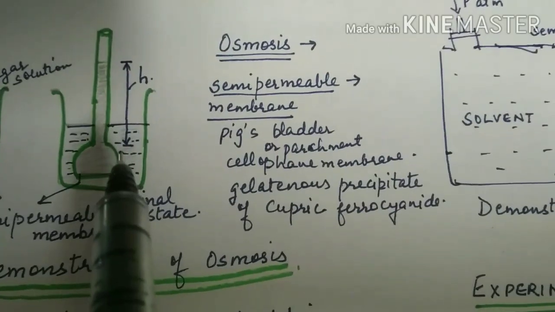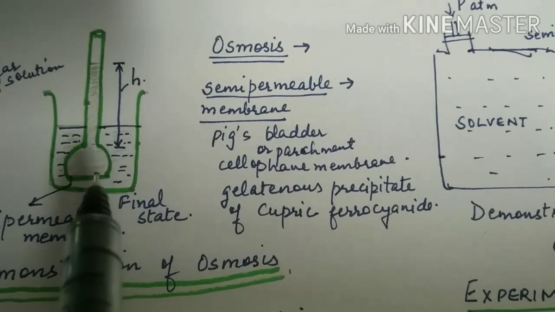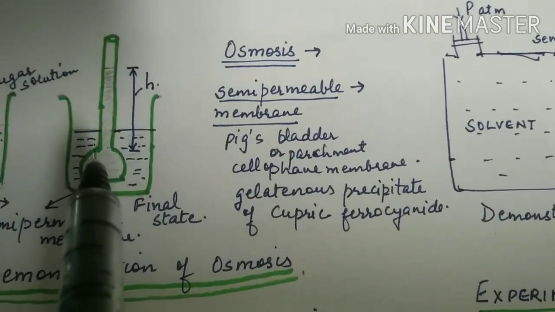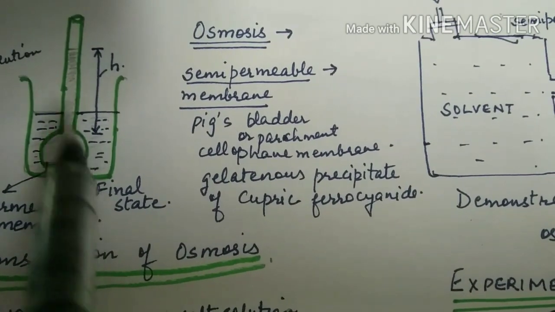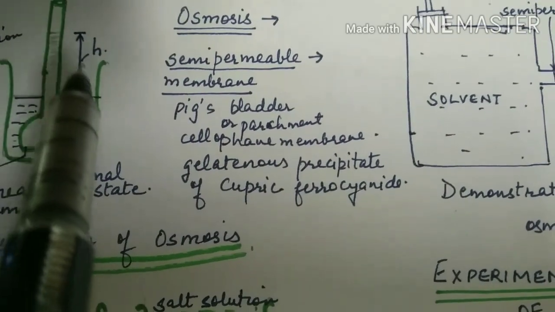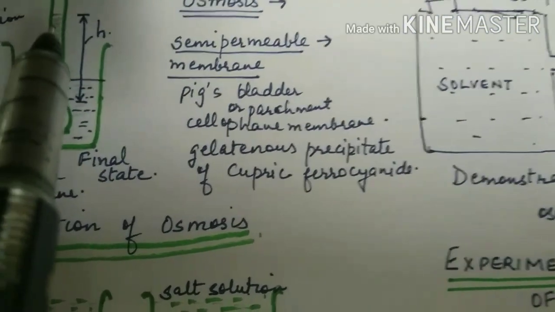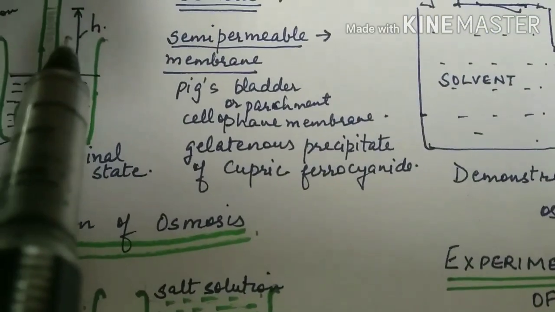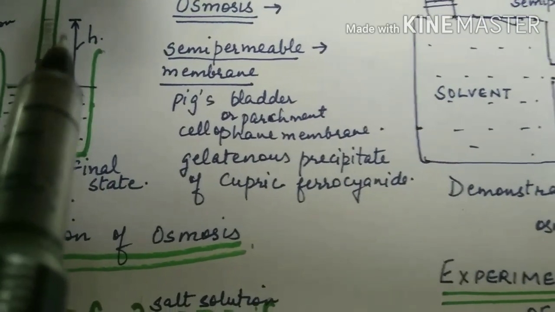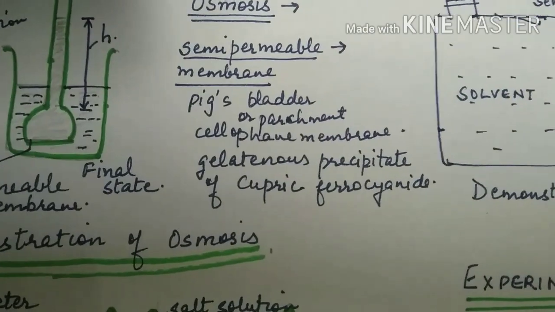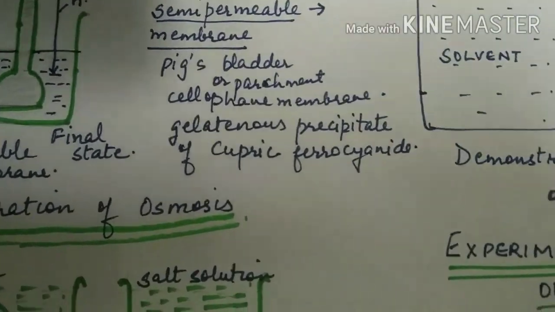The rise of water because of osmosis cannot now further take place, because whatever pressure it exerts is exactly balanced by the column of water that is built up over here. So this maximum pressure, or the pressure that is at equilibrium, is called osmotic pressure.